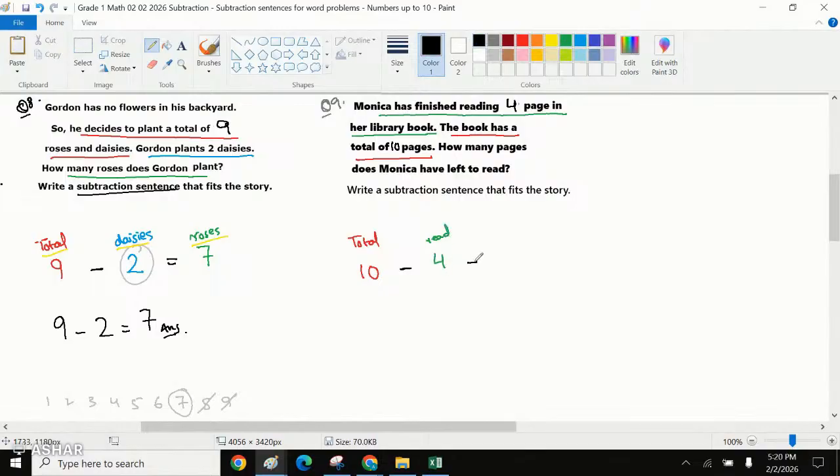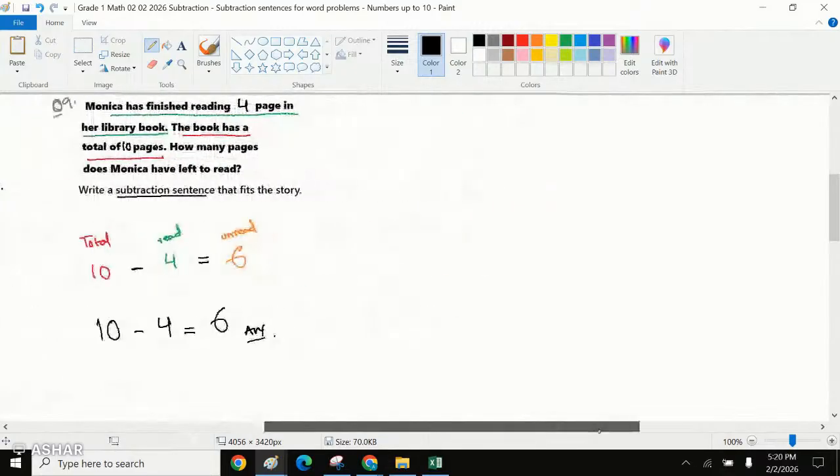How many pages is she left with, which are unread? 10 minus 4 would be equal to 6. So we can write the subtraction sentence as 10 minus 4 equals 6, and that is your answer. That means she still needs to read the remaining 6 pages.